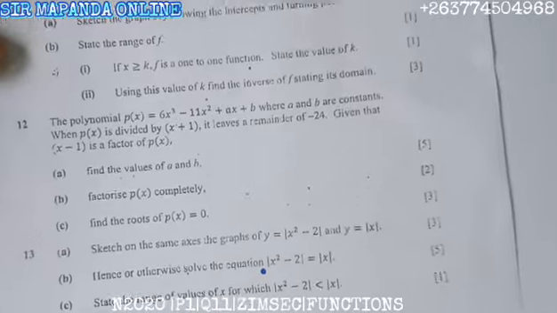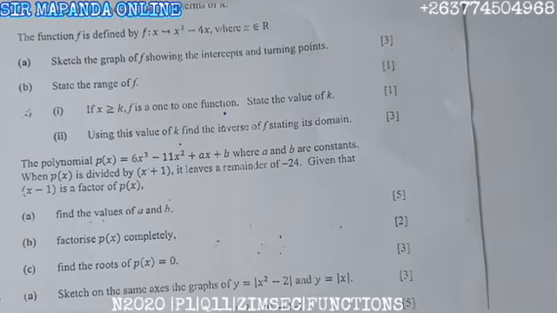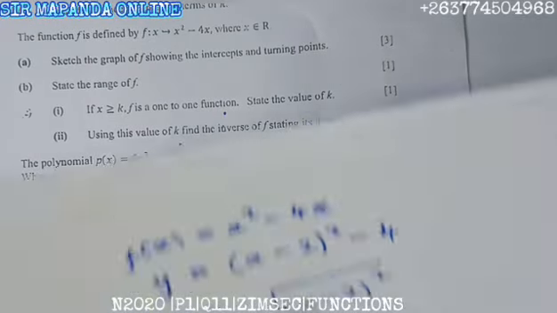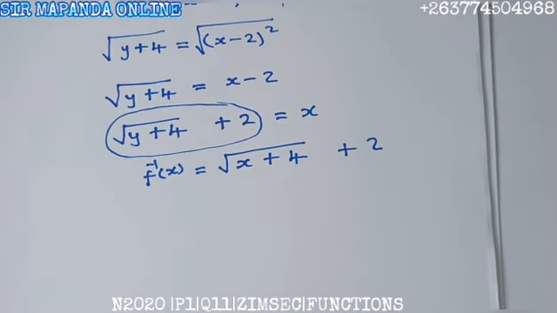Then they are saying, stating its domain, 3 marks. So remember, domain is the range of values of x which makes the function valid. Right, so what is the property of a root sign? We must not have a negative number in a root sign.